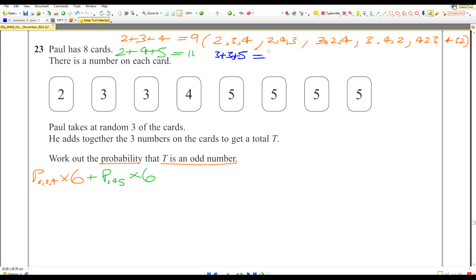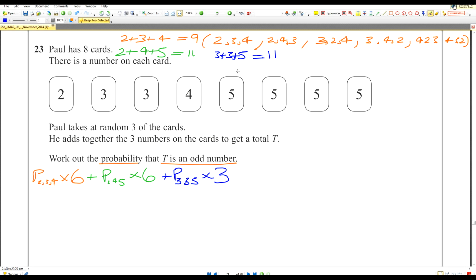That will also give us 11. Now, because the 3 repeats and the 5 happens once, we can rearrange 3, 3, and 5 in 3 different ways. So the probability of a 3, 3, and a 5 we're going to times by 3, because there are 3 different ways of getting that.